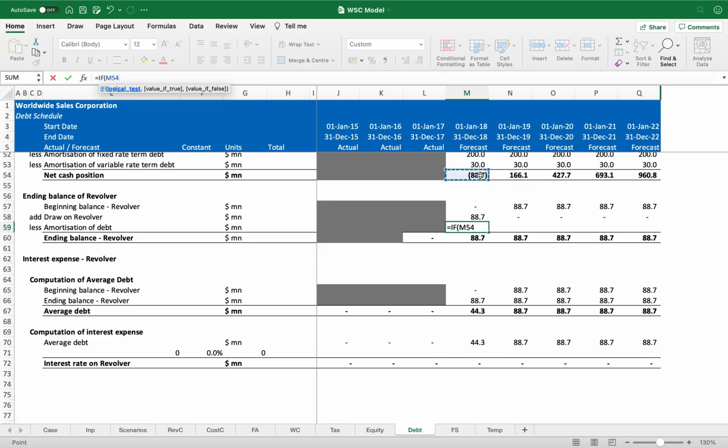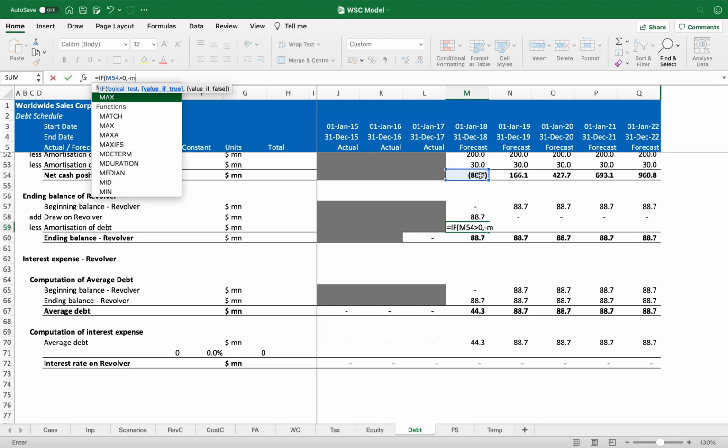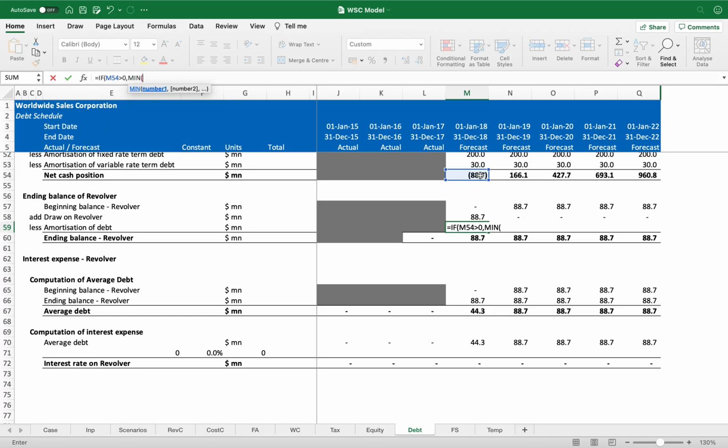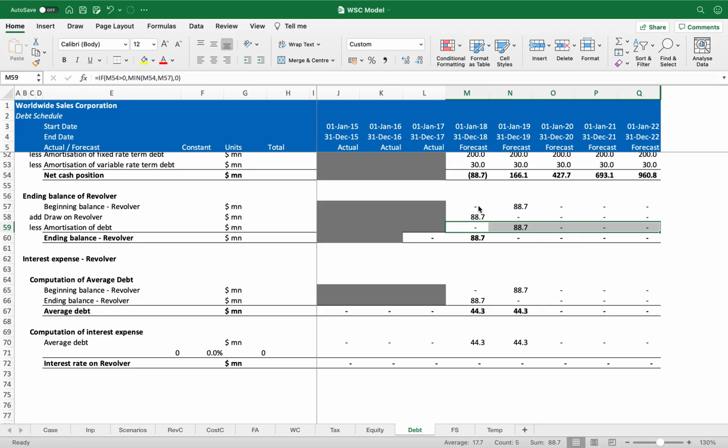So if the net cash position is greater than 0, then minimum of your net cash position or whatever is the opening balance of revolver, because that is what my outstanding balance is, right? Otherwise give me a 0.